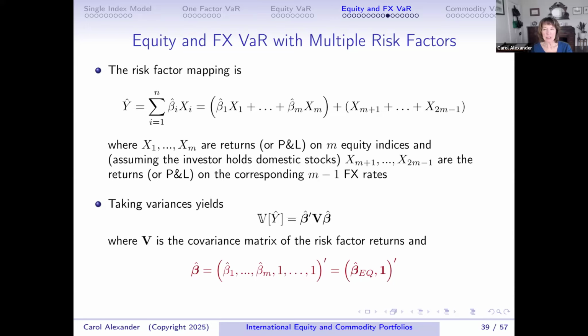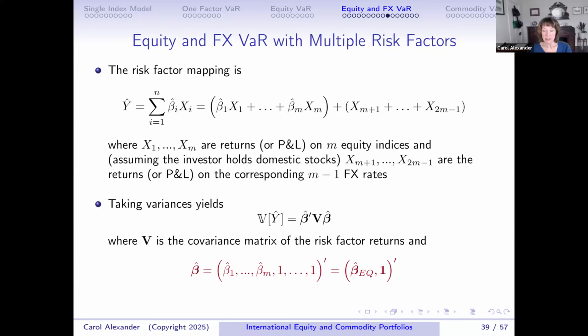We'll have to use the matrix form. And we've come across this before, but with not such a large variance-covariance matrix or such a very large beta vector. So the betas are the coefficients in the risk factor mapping, which we'll get from a regression, or set of regressions usually. And then a lot of ones, because these are in percentage form.